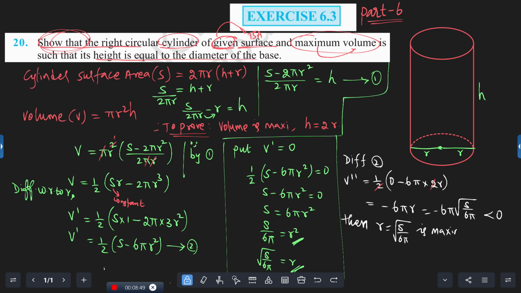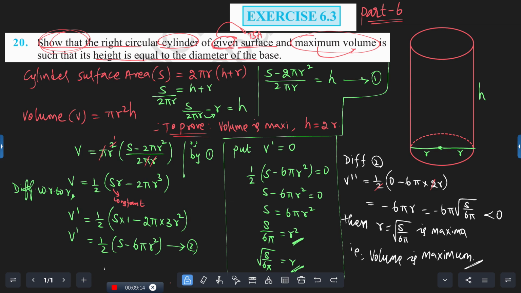Maxima in the sense that volume is maximum. Volume is maximum. That's it, they asked us to show maximum, and we got it.